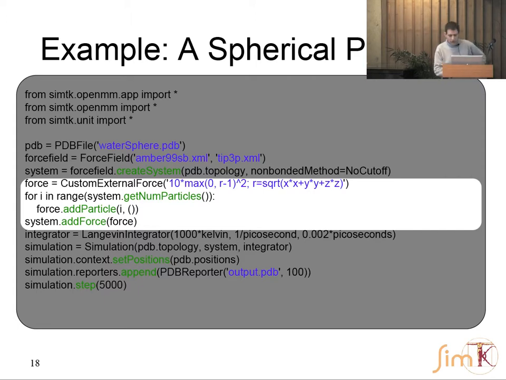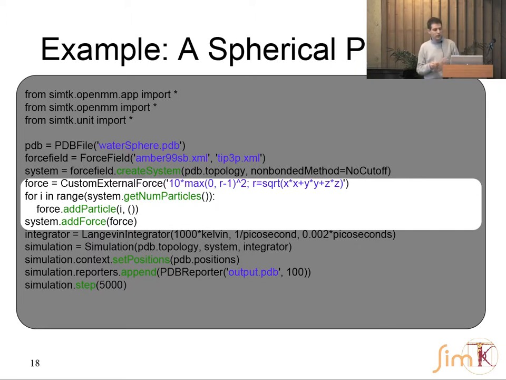One thing to notice here is that we can actually define sub-expressions, variables within the middle of it. So right here we're defining, and you do this just by putting a semicolon after your expression and then giving the definition. So we're saying r is the square root of x squared plus y squared plus z squared. So we're just defining r to be the radius of the particle, its distance from the origin. And then we give this little expression here for what we want the energy to be.